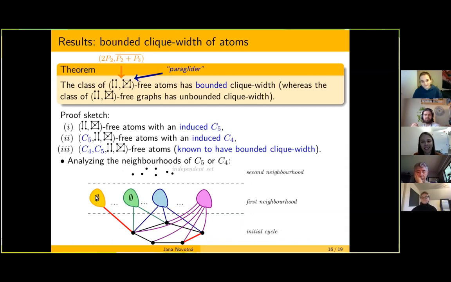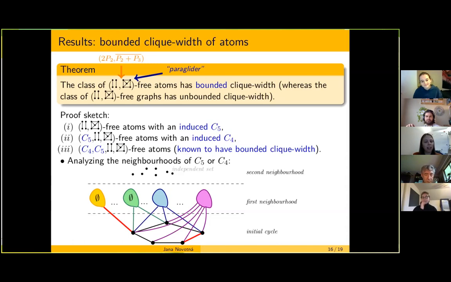Let's say it in the other way: there are no vertices in our graph which are connected just to one vertex of our cycle, or to adjacent vertices of our cycle, because then such a graph is again not 2P2-free. So we easily cross out those sets, and we need to do something more with the other ones, and the proof is quite technical, so I don't want to show it here.